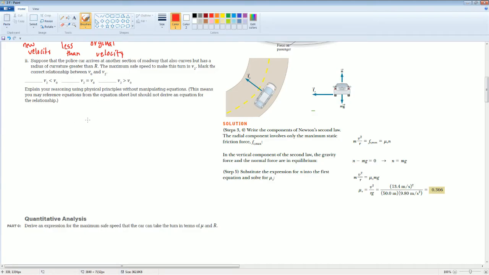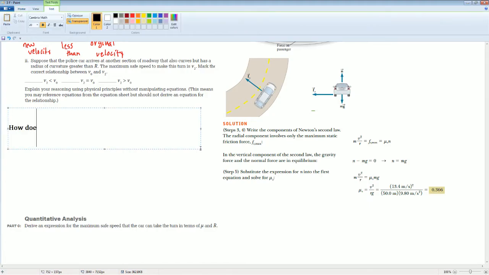So another question you could ask yourself here, I can even type it out: how does the radius affect the speed of the car during the turn?